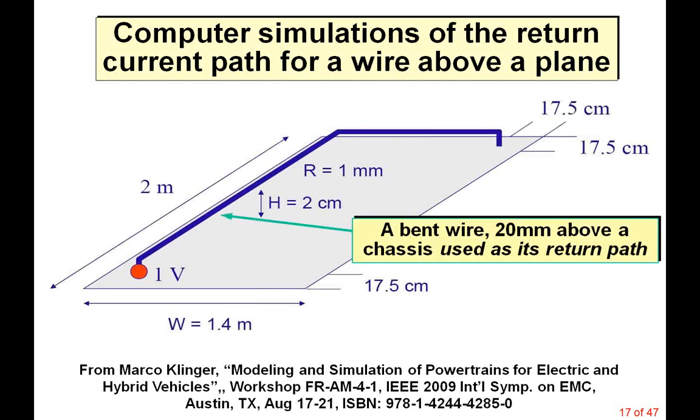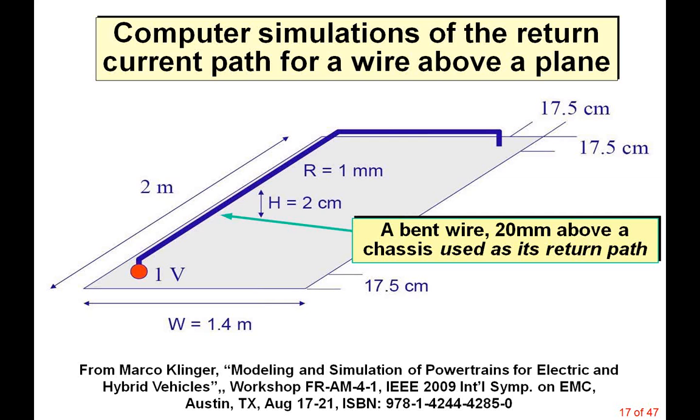Now here's the thing. Let's make this all very practical. Here's a computer simulation, using field theory, of a bent wire 20 millimeters above a metal chassis using this return path. The reference is at the bottom if you want to chase it up on the web.